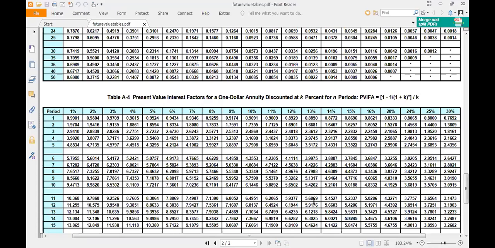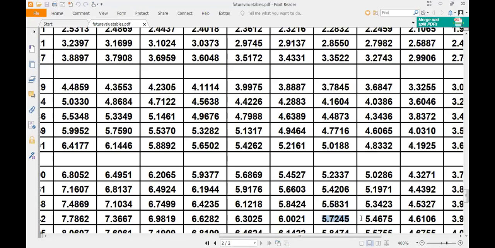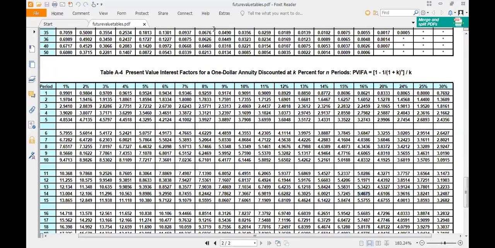So quickly check this, 16% and 14 years. The value is 5.4675. This value. Okay. Now we'll write this value in the question.